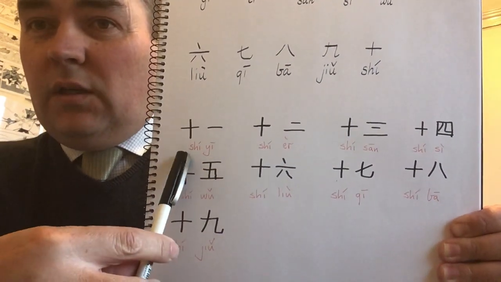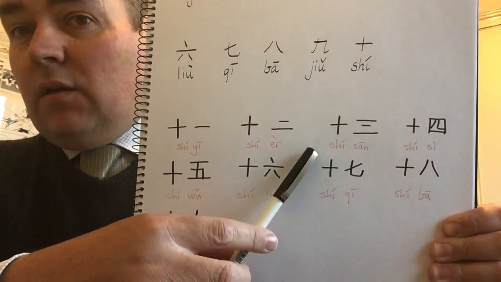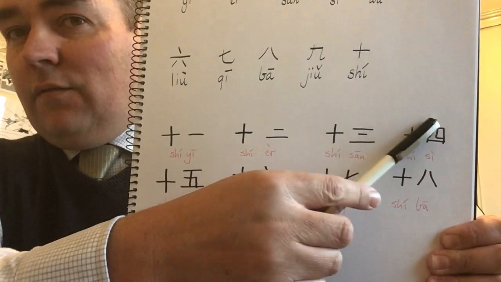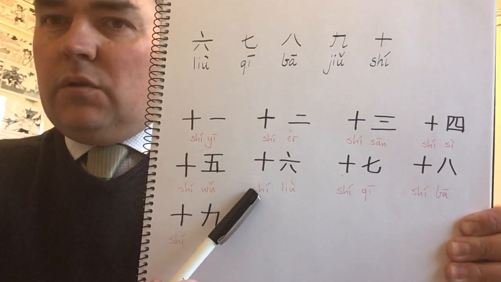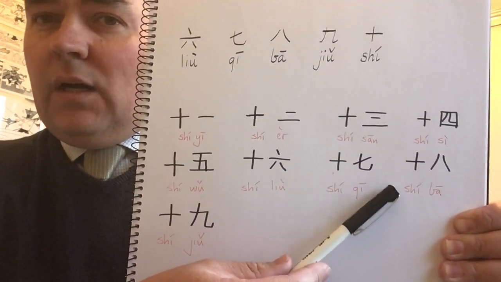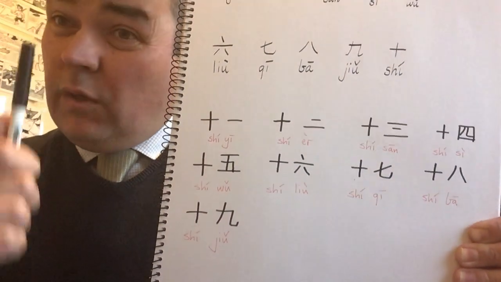So 11, 12. Then 13, 10 and 3. Then 14, 10 and 4. And we'll just continue. 15, 16, 17, 18, 19.